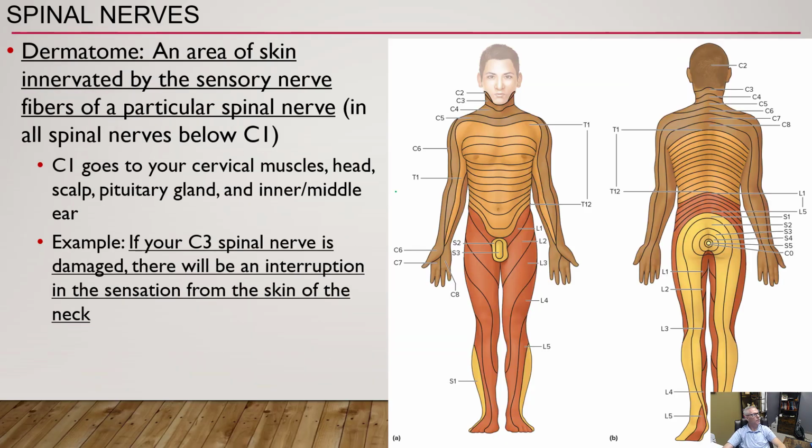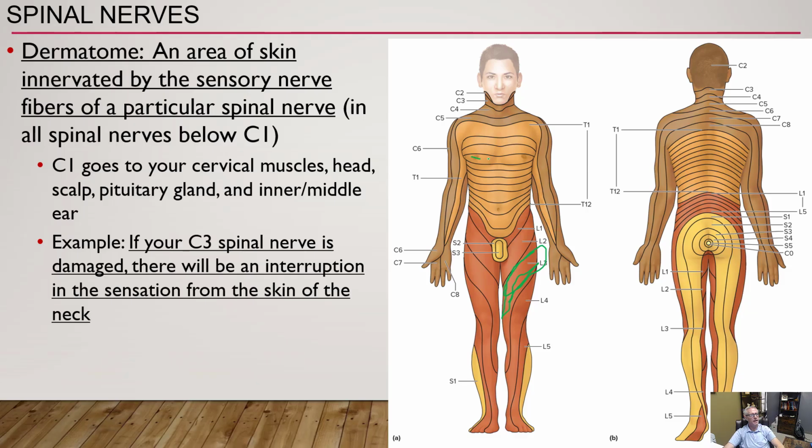All right, dermatomes. Dermatomes are your sensory component, and each spinal nerve corresponds to a specific area of the skin. So if I'm having an issue with this area of my skin, I can correlate that to I might be having an issue with my L3 spinal nerve.